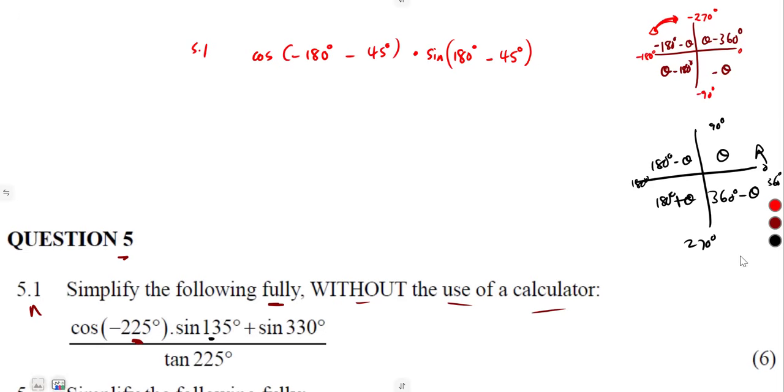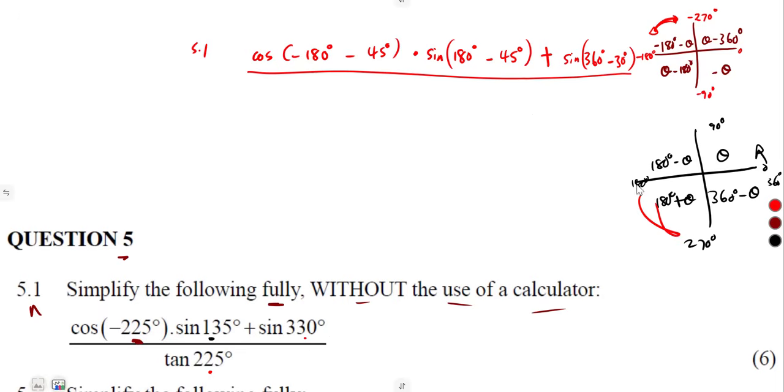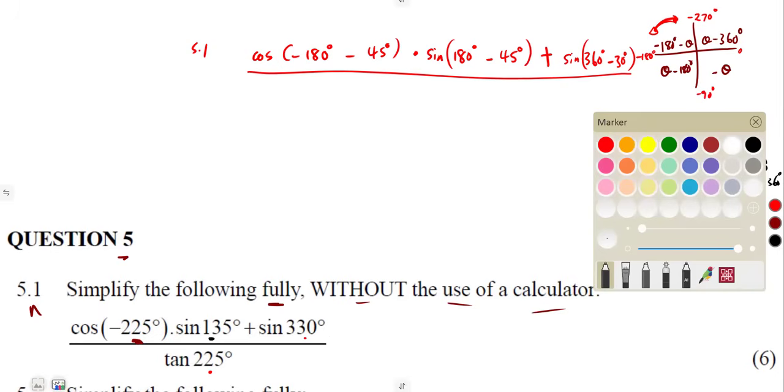Here we are to add plus, all right? So that is going to be sine 360 degrees minus theta. To get 330, you're going to subtract 30 degrees here, all right? So everything over tan 225. 225 is in the third quadrant, 180 to 270. So those angles must be 180 plus theta, the acute angle. So that was the concept.